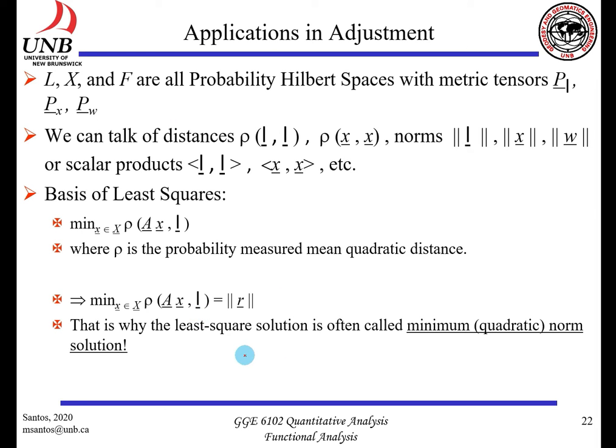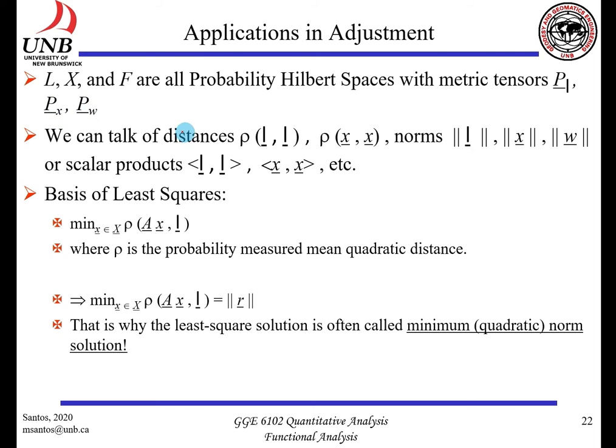So, applications in adjustment. We are going to consider these three spaces: observation space, parameter space, and functional space. They're all probability Hilbert spaces with metric tensors. We have the weight matrix of the observations, and the weight matrix of the parameters, that's the inverse of the covariance matrix of the parameters.